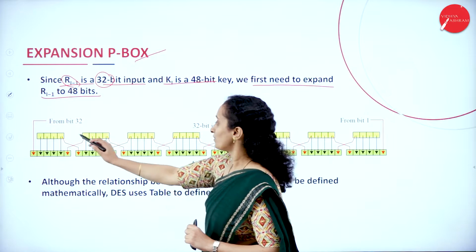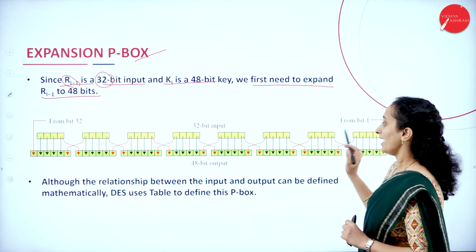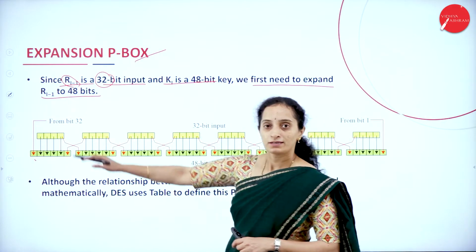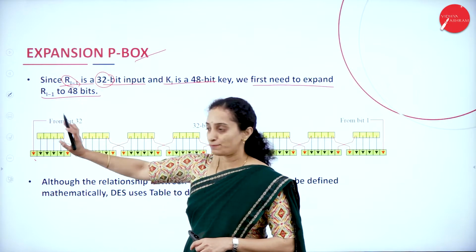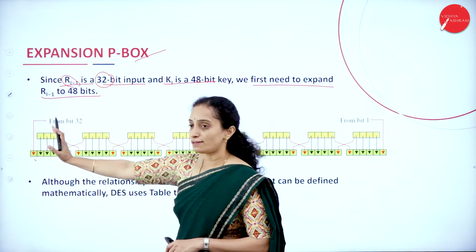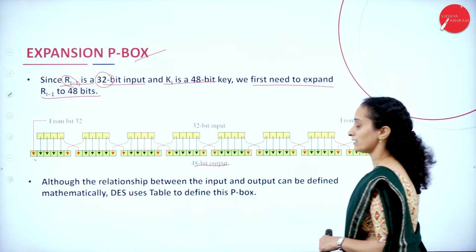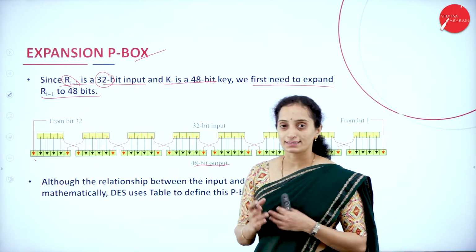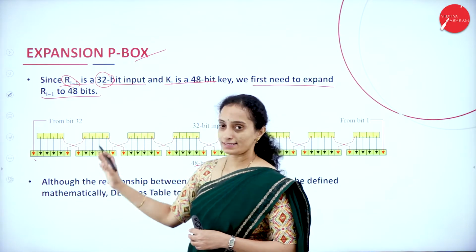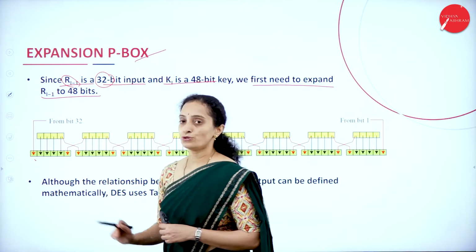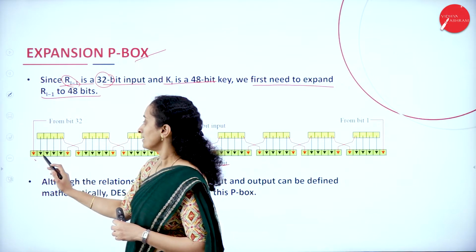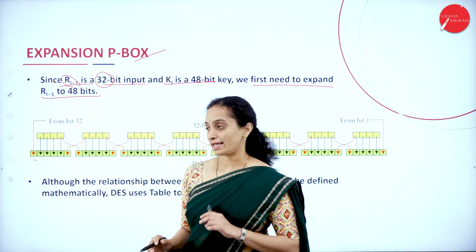Here 32 bits are divided into 8 blocks of 4 bits. The input block will have 4 input ports and the output block will have 6 ports. The first block and the last block are considered adjacent; they are rounded and considered as adjacent. Here is how you permute the values: the first bit of the block is considered for the second port.